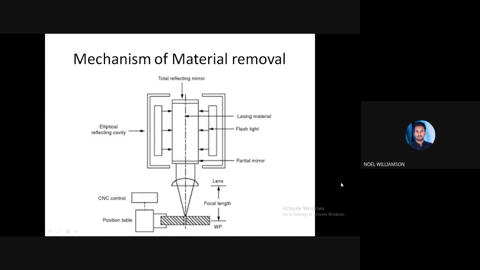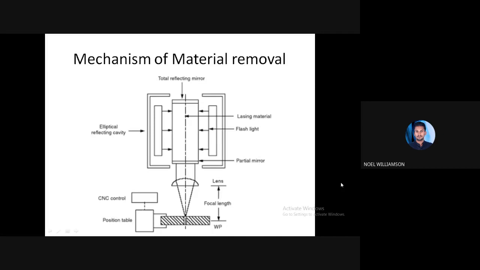Here the tool is the laser beam, and the material is removed by the heat produced by the laser light, which is highly focused to a small area. That increases the temperature and vaporizes the metal, thereby removing material.